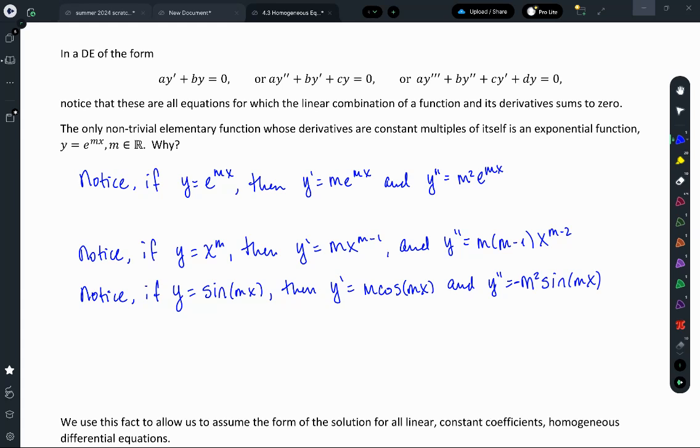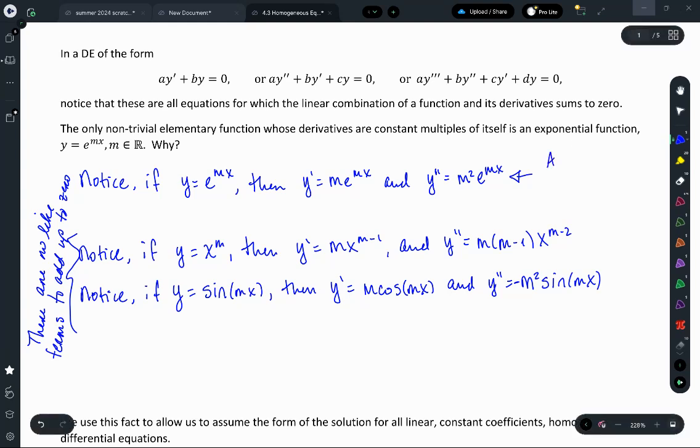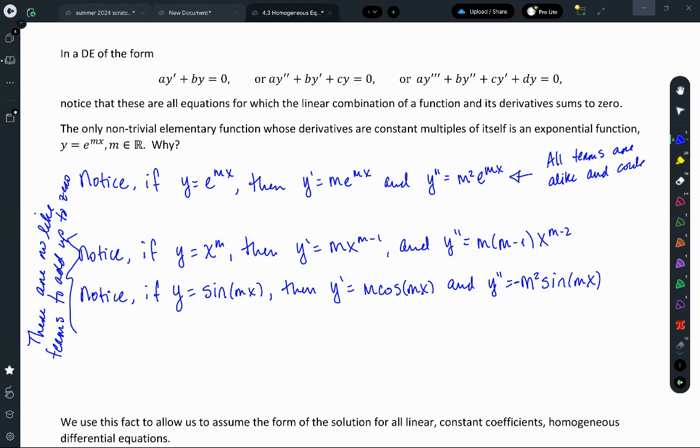Those would combine, but there would always be a cosine that was left over. So in these two, there are no like terms to add up to 0. And in the first one, all terms are like and could combine to 0.